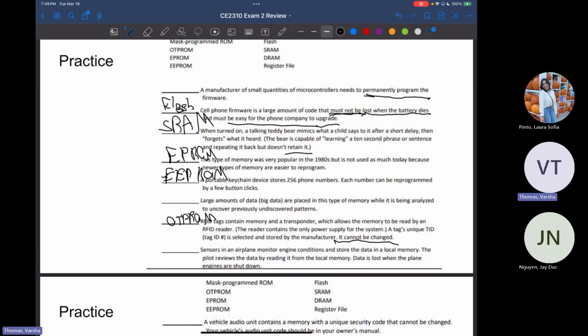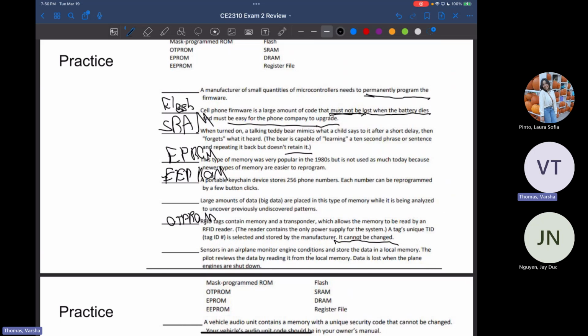And then, sensors in an airplane monitor engine conditions and store the data in local memory. The pilot reviews the data by reading it from the local memory. Data is lost when the engines are shut down. So on this one, we can see that it's doing multiple things at a time.